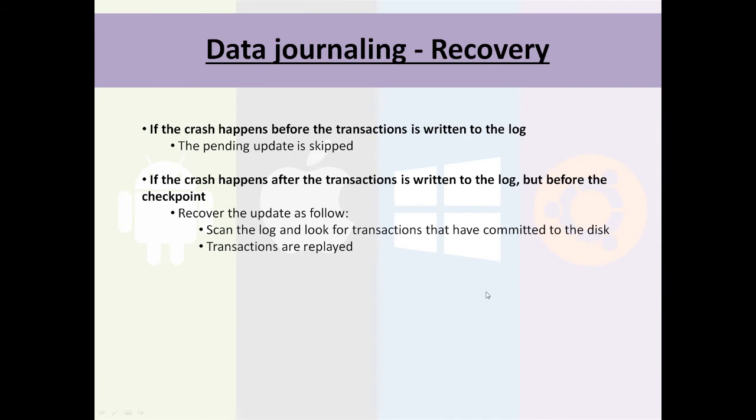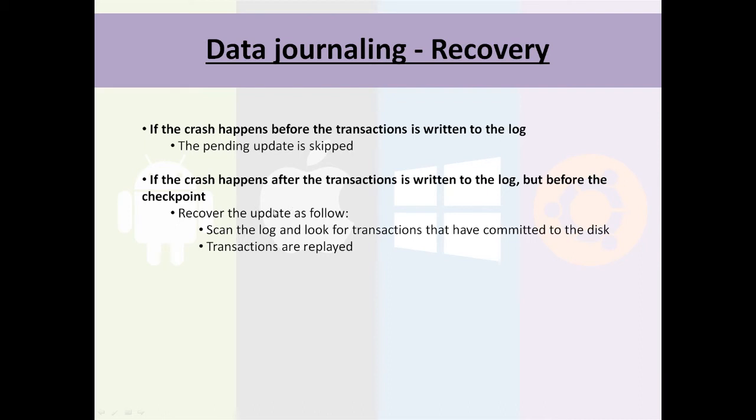An additional component to look at is recovery. So now with this setup, if a crash happens before the transaction is written to the log, our pending update is skipped. Okay, so if we don't even get to write stuff to the log and get that log step finished, well then we'll just skip this update.